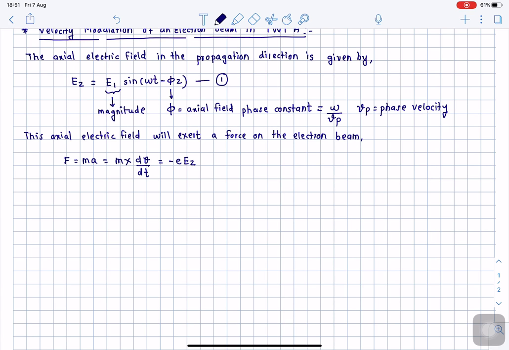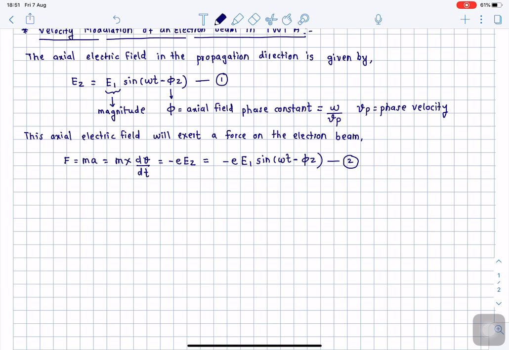When we substitute the value of Ez from equation number 1, we can write minus e, and Ez can be replaced as E1 sine of omega t minus phi z. Let us call this equation number 2.